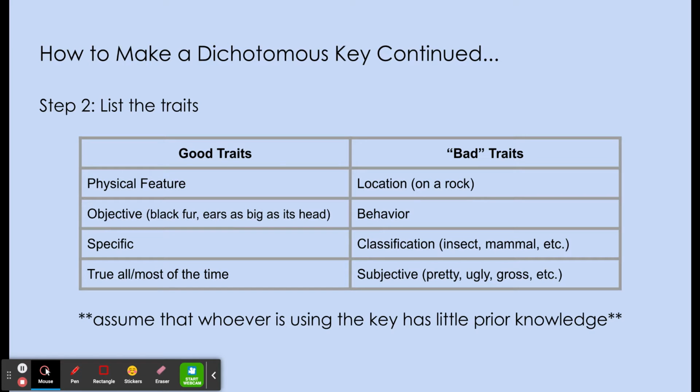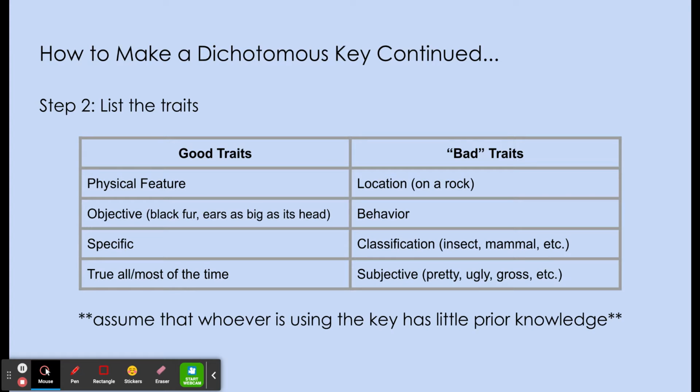After you've done that, you're going to think about listing the traits of the organisms that you have left. Good traits to use would be physical features, something very objective, like black fur, or ears as big as its head. Remember, keep things very specific, and use statements that are true all or most of the time.